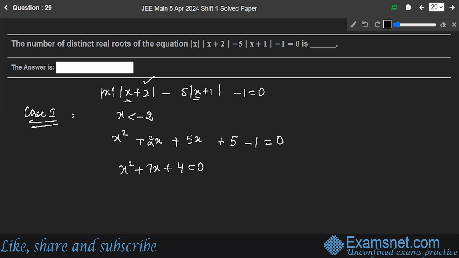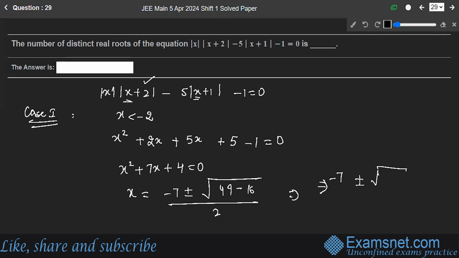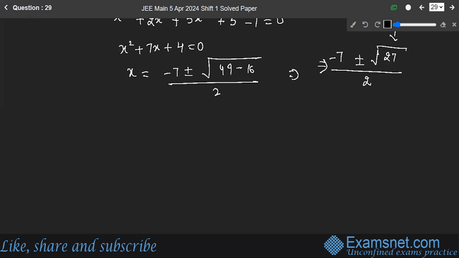So the two roots in this case will be, I want two such roots. See, x will be given by minus 7 plus minus root of b square minus 4ac upon 2a. This is minus 7 plus minus root of 49 minus 16, that is root of 33. And this number, this is only 1, because when I'll be taking the positive value, this will not be root of 27.